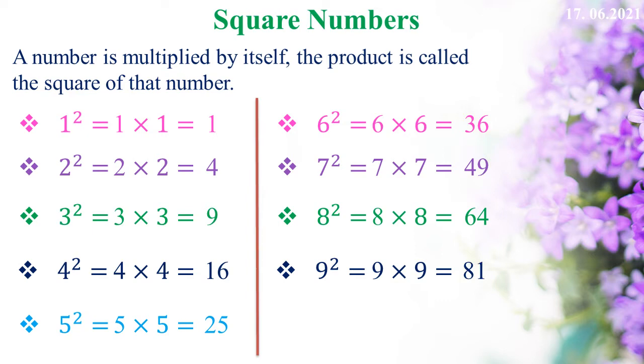We get 81. 10 square equals 10 into 10 equals 100. Here the numbers 1, 4, 9, 16, 25, 36, 49, 64, 81 and 100 are the square numbers.